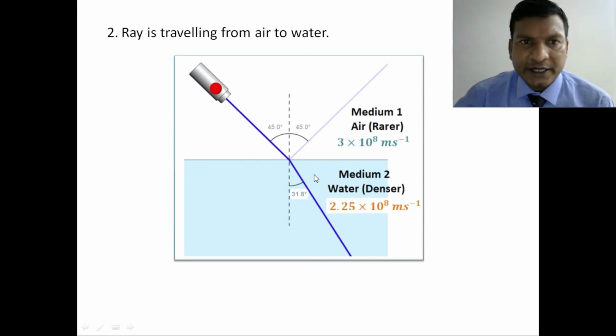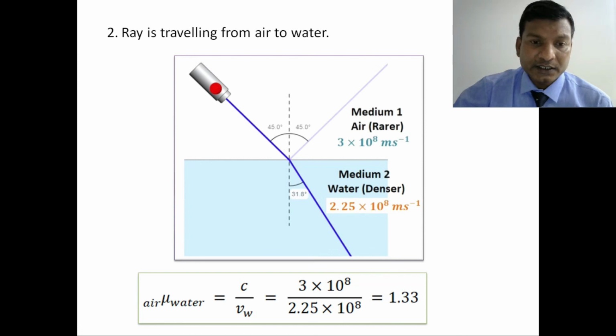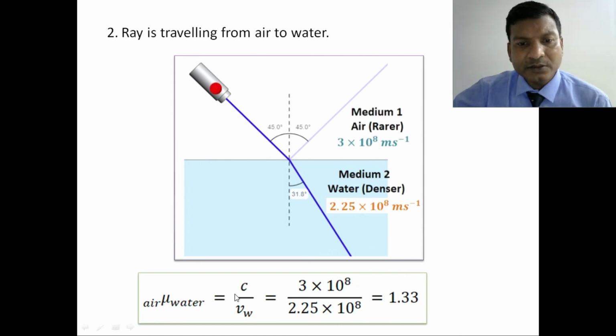Now we need to find the refractive index of water with respect to air. Now we'll use the same formula you used over there. That is what? Mu water with respect to air is equal to c upon Vw. So c stands for the speed of light in the air.